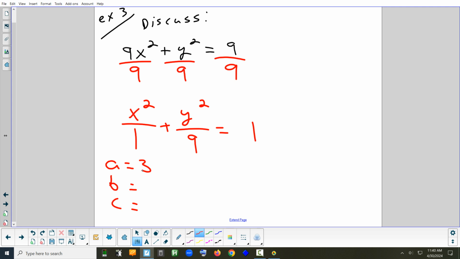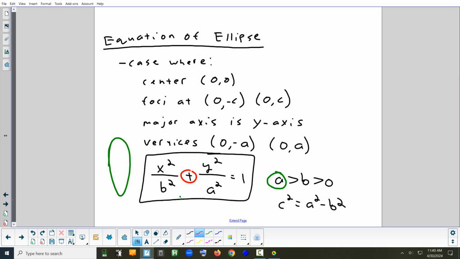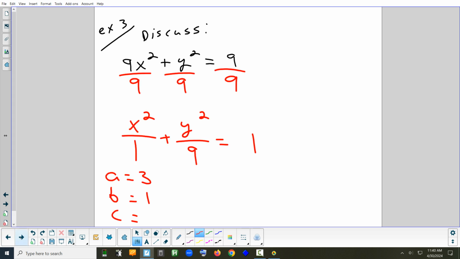Square root of the smaller number. Now they didn't give us C, but we need it because I'm going to ask you about the foci. Remember your formula? C squared equals A squared minus B squared. A squared is 9. B squared is 1. 9 minus 1 is 8. So C is the square root of 8.